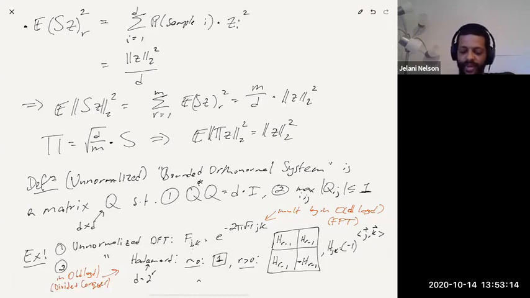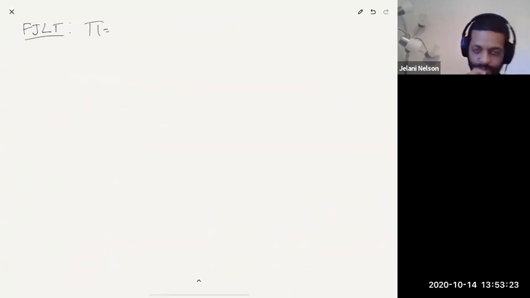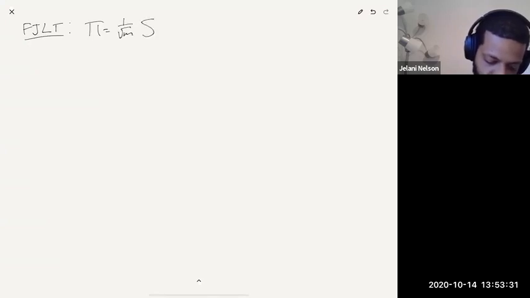So good. Now this is going to be the name of the game. The FJLT, Pi, is going to equal 1 over square root m, S, H, and then I'll call this D eta.